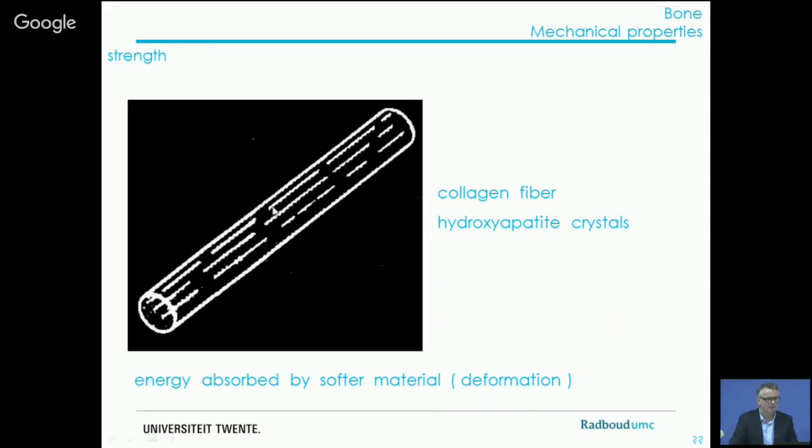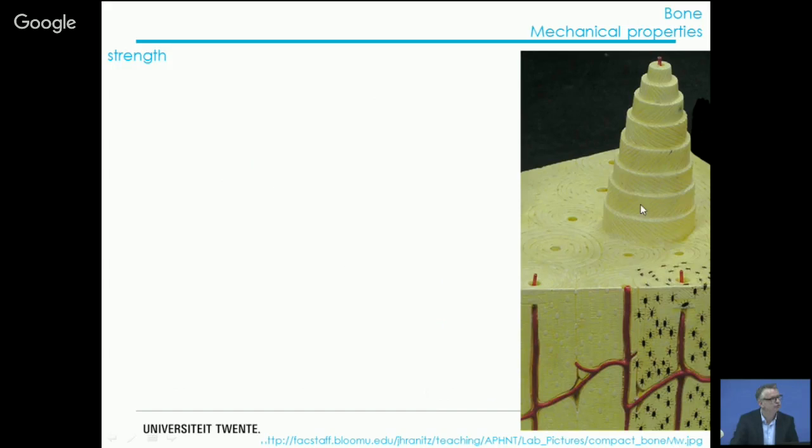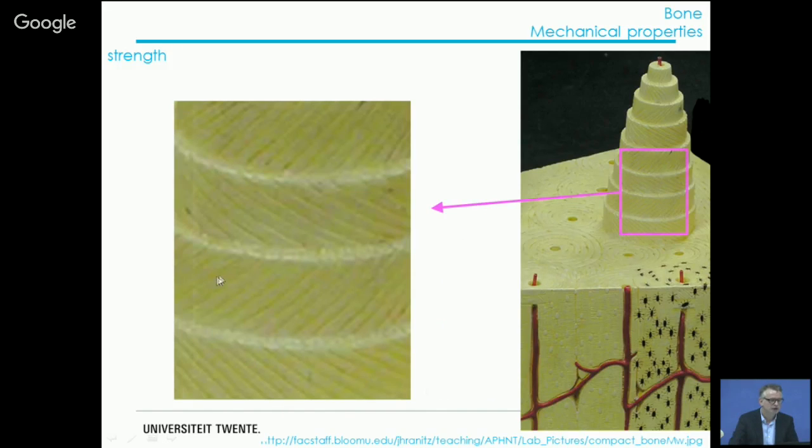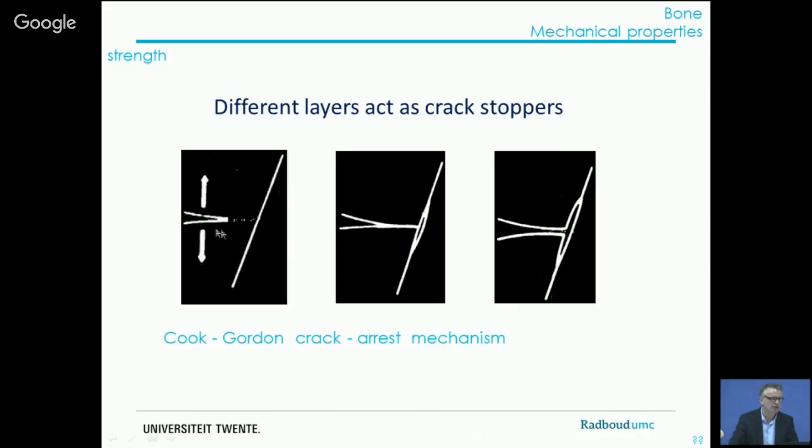Okay. And the other reason is that it is this tubular structure in total. So there is a microscopic and a macroscopic effect of crack stopping. Because if a crack comes here, well, I can show that here. So if a crack comes here, the crack hits this tubular structure, so the tubes are now oriented like this, and then the crack has a preference to propagate along the tube.